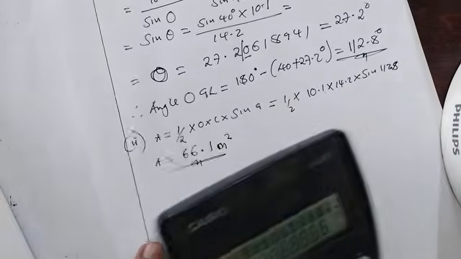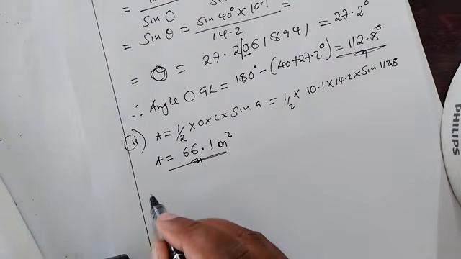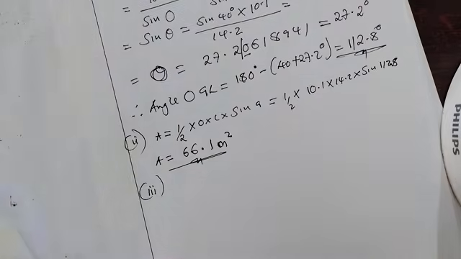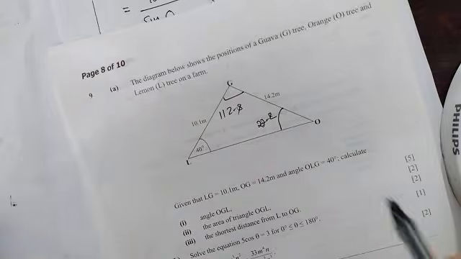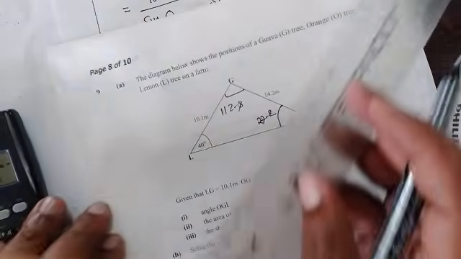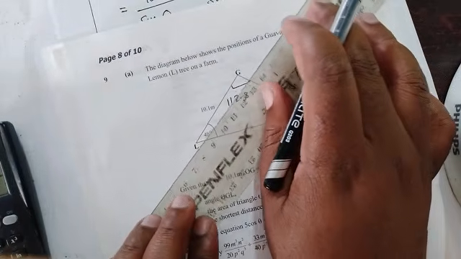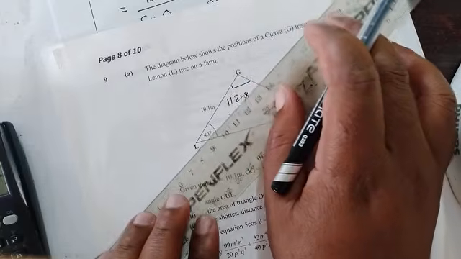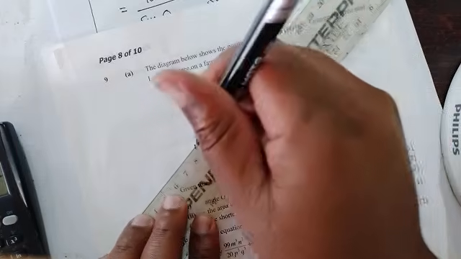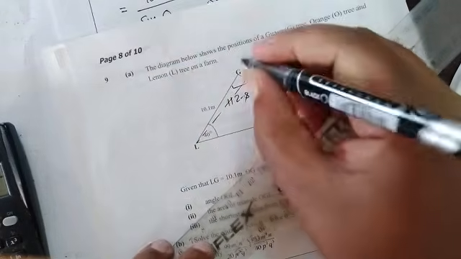All right? Then we go to 3. We want the shortest distance from L. Okay, so maybe from here, so that you create a 90 degrees somewhere there.